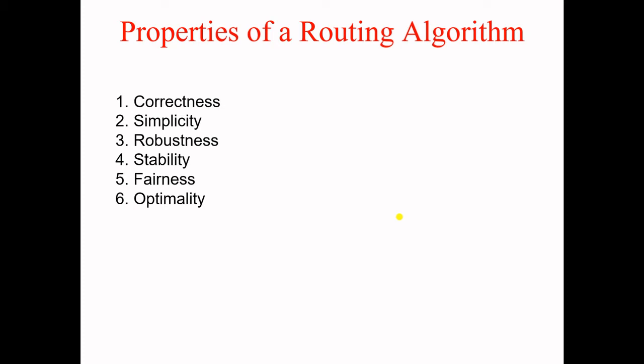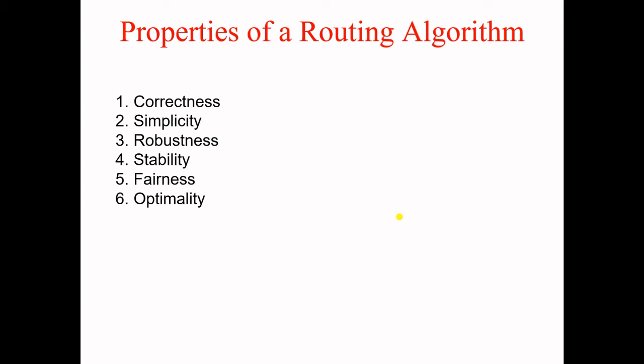Now the second point is simplicity. Simplicity means the routing should be done in a simple manner so that the overhead is as low as possible. Overhead means the extra resources used should be as low as possible. With increasing complexity of the routing algorithm, the overhead also increases. So a routing algorithm must be simple.